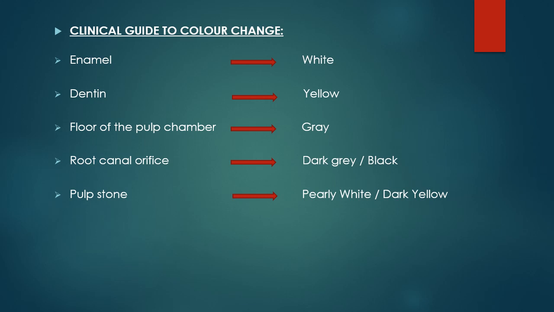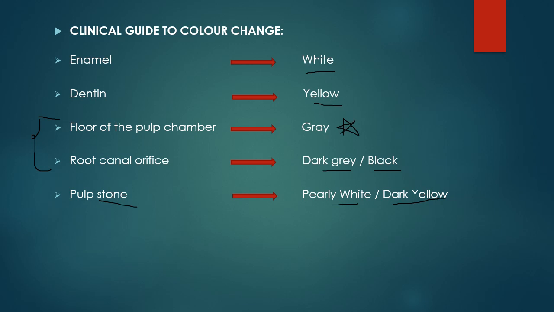Color change codes: the enamel is usually white in color, dentin is yellow in color, the floor of the pulp chamber is gray in color, very important. Next, root canal orifices are dark gray or black in color, and pulp stones are pearly white or dark yellow in color. These points have to be remembered as we perform the access cavity preparation.